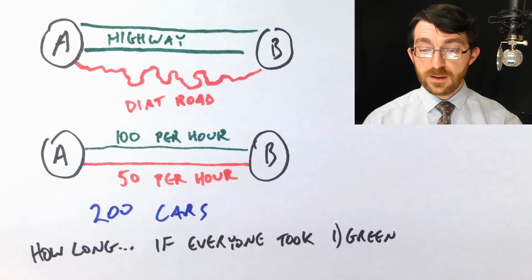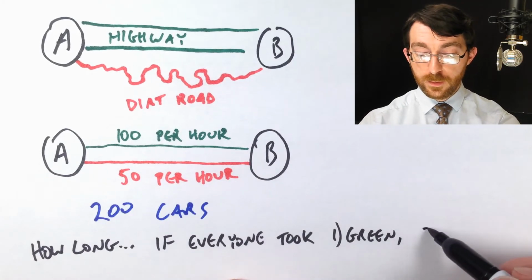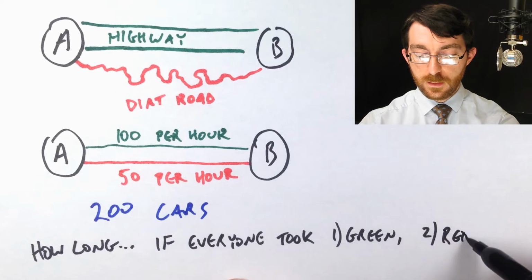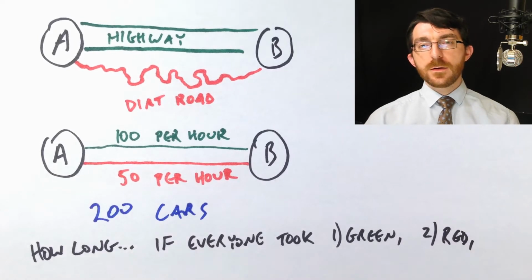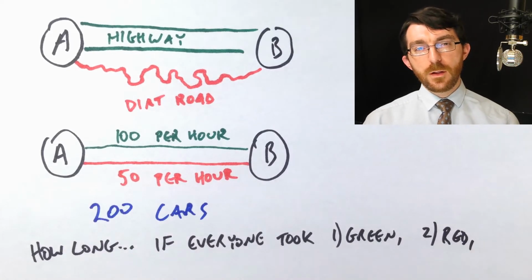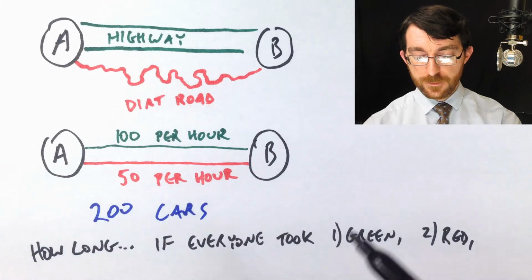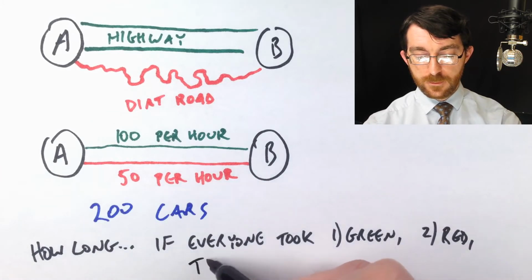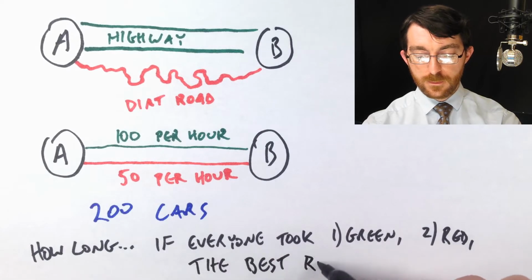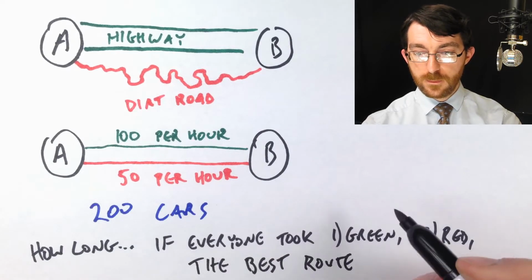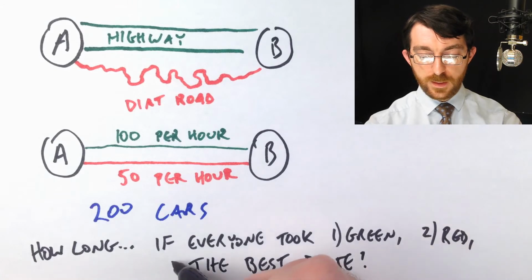How long would it take if everyone went on the red road? And then I want you to find what you think is the best way to split up the traffic to get everyone over in the shortest amount of time. I guess we can call that number 3.